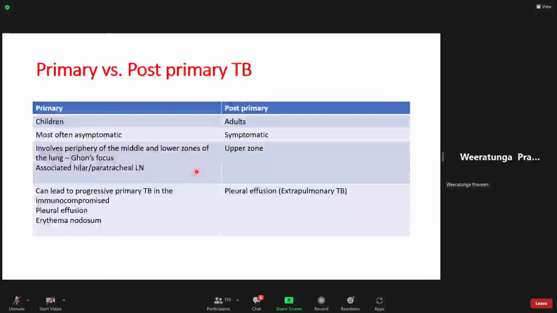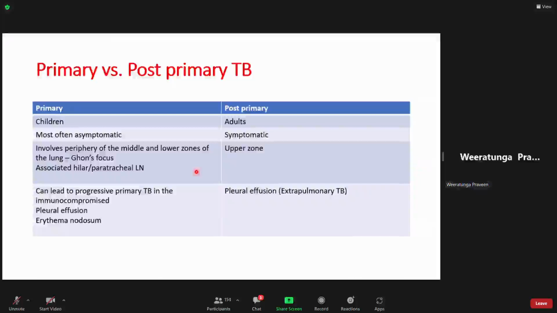Okay, so this table again emphasizes the differences between primary and post-primary or secondary TB. So remember, asymptomatic, Ghon's focus, Ghon's complex, little bit of caseation, granuloma in these areas. There can be complications of primary TB if there is an immunocompromised state.